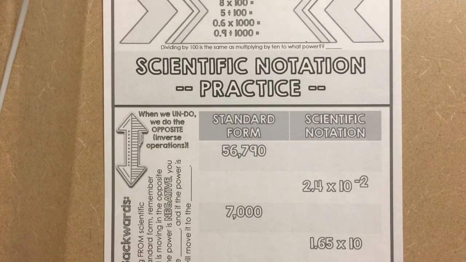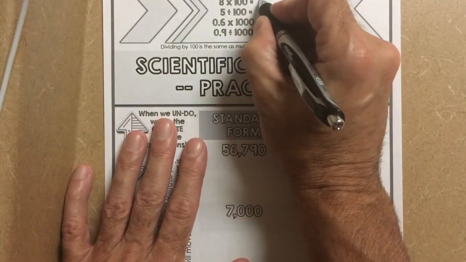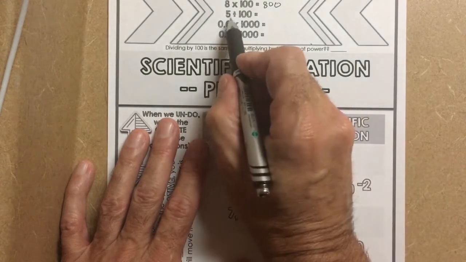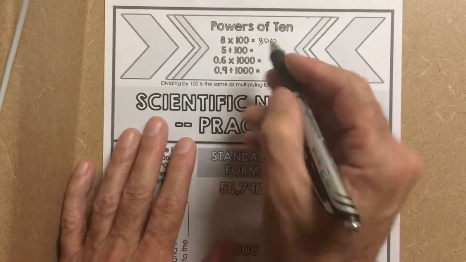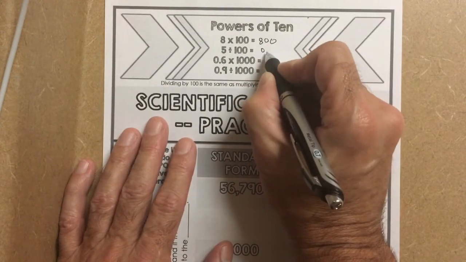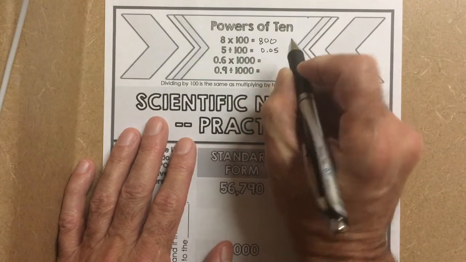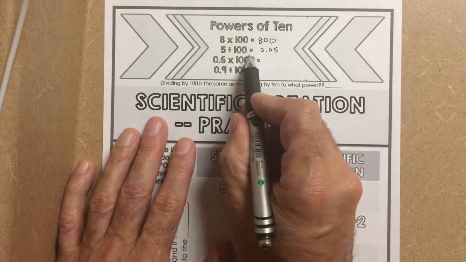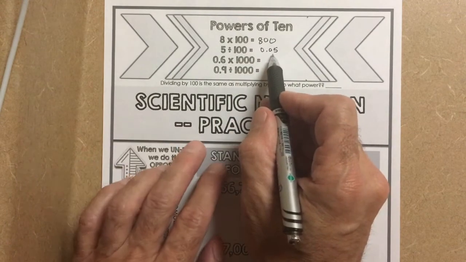And there's a page 2 that's just a reminder. 8 times 10, 800. 5 divided by 100, well then you'd be moving it backwards. So multiplying by powers of 10 grows, dividing by powers of 10 shrinks.